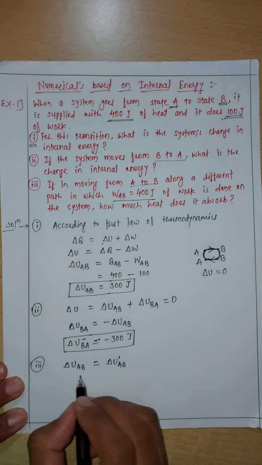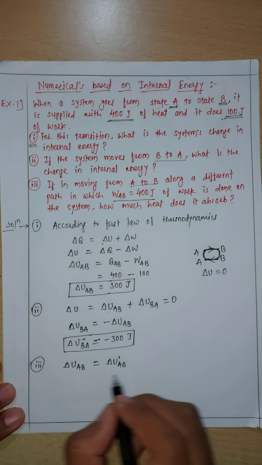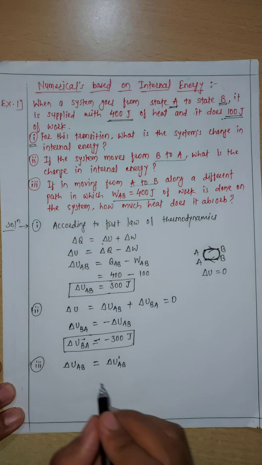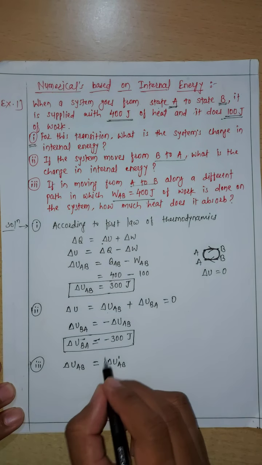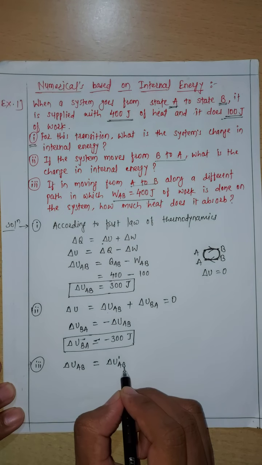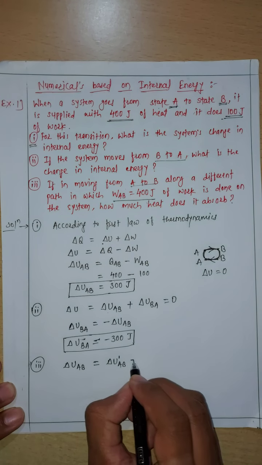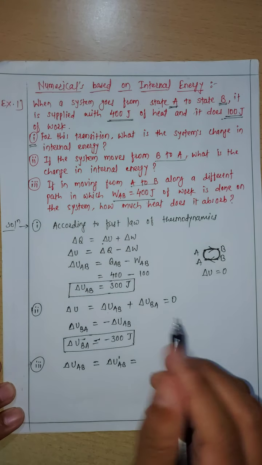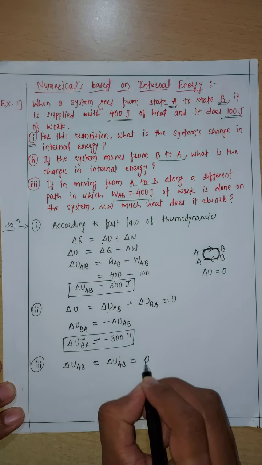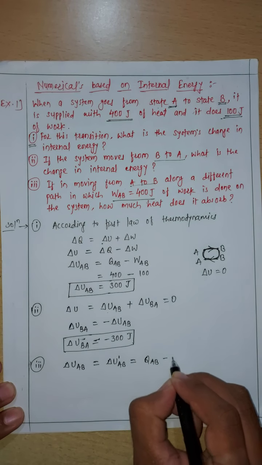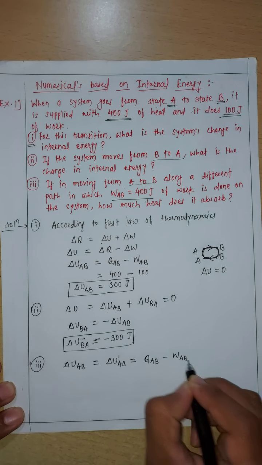Okay, so in that case the internal energy change from A to B is constant, and this particular equation is given by the first law of thermodynamics, that will be QAB minus WAB.